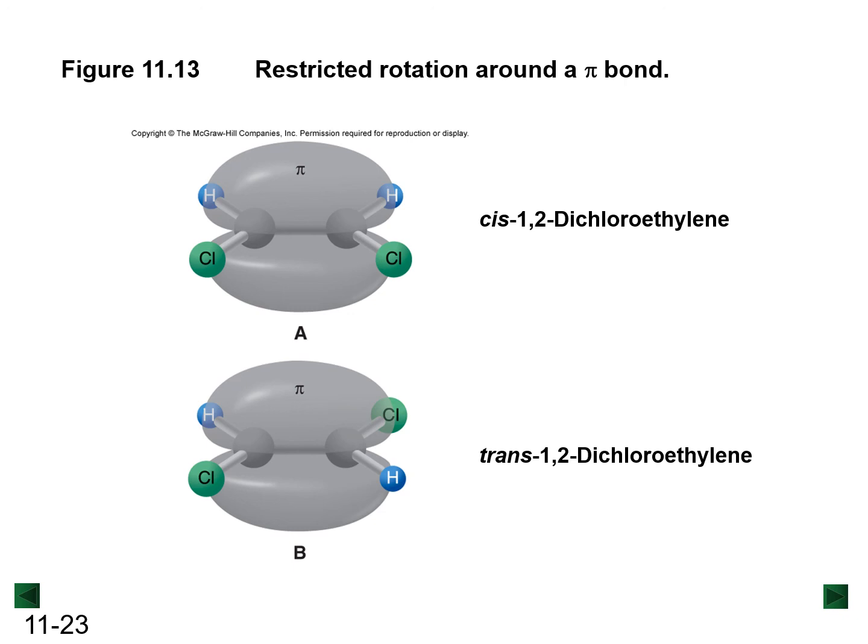For this reason, cis and trans structures exist for compounds such as dichloroethylene, and the pi bond allows two different arrangements of atoms around the C atom, which has a major effect on molecular polarity.